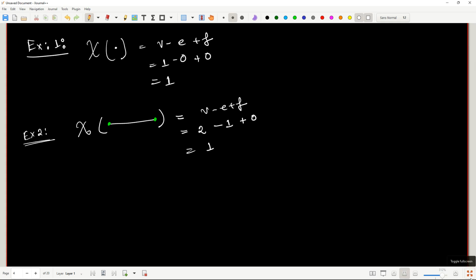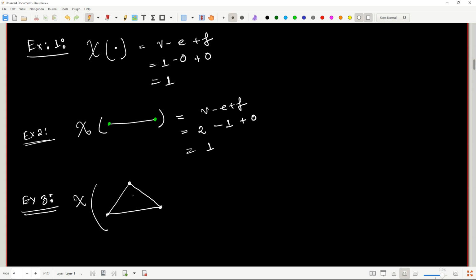Now let's move on to some more examples. Let's say this is example 3, and we want to compute the Euler characteristic of a hollow triangle, or so to say a triangle with 3 arms or edges only. It doesn't have any face. So you can think that there are 3 rods, and you are using those 3 rods to make a triangle.